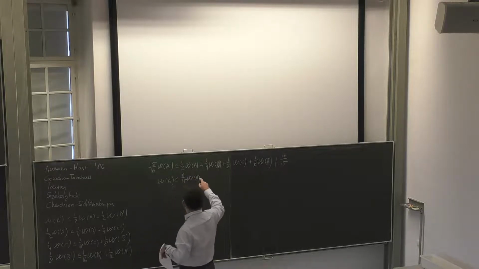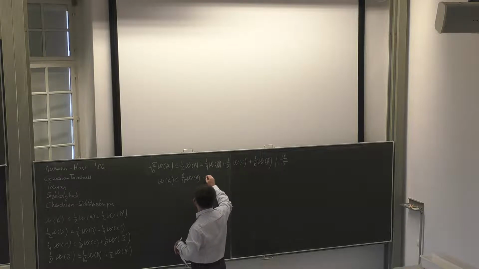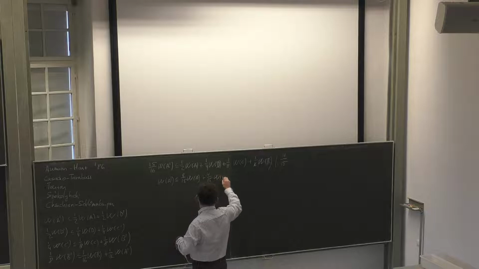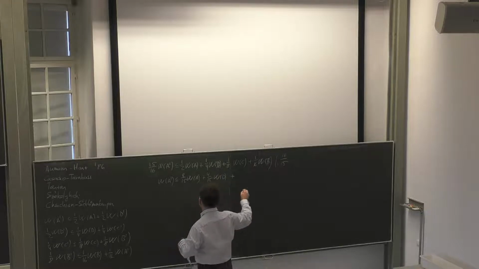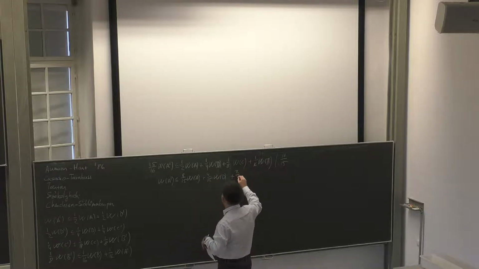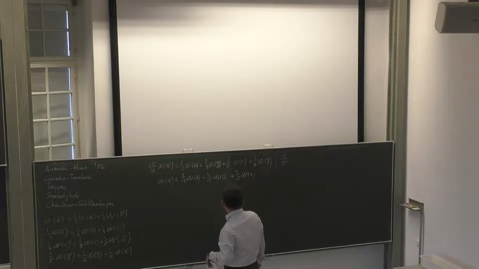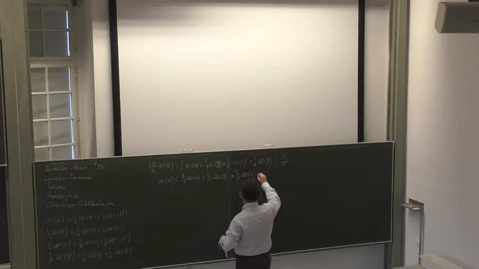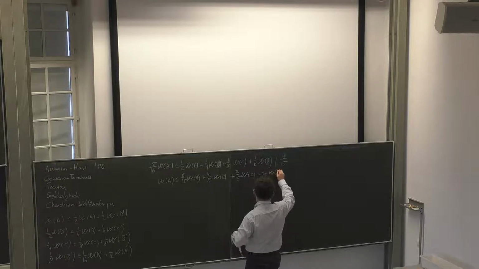And now we take 4 over 15 plus 2 over 15 W of C plus 1 over 15 W of B.